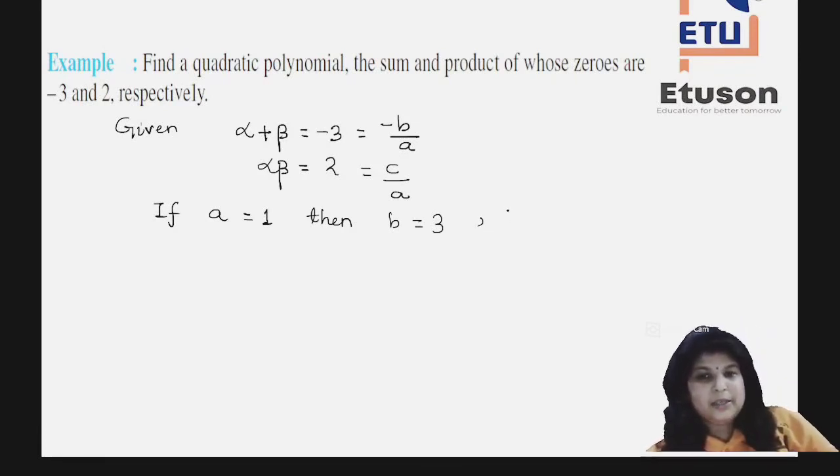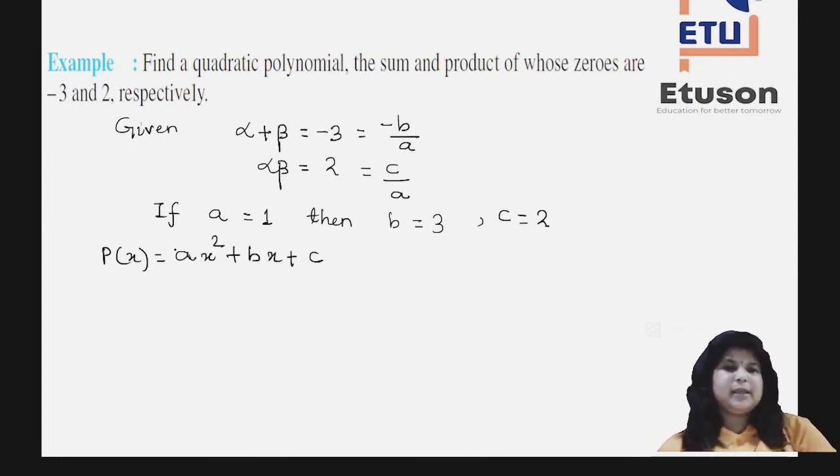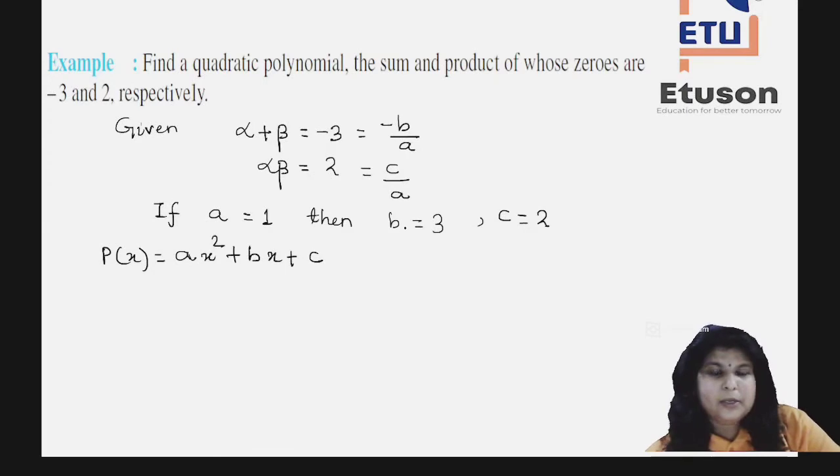So c will be equal to 2. So what will be the equation then? Your polynomial is p(x) is equal to ax square plus bx plus c. अभी a के जगह 1 डालो, b के जगह 3 डालो, c के जगह 2 डालो. So that is equal to x square plus 3x plus 2.